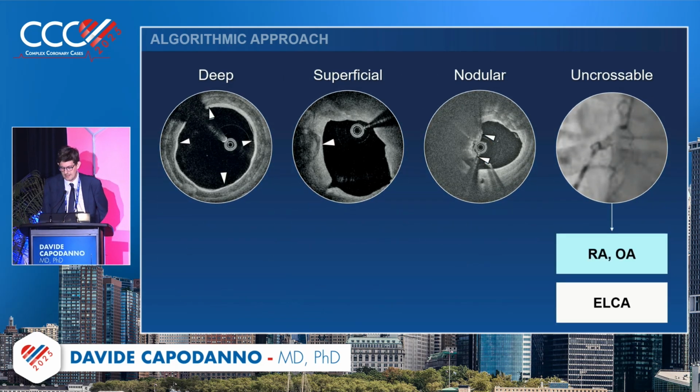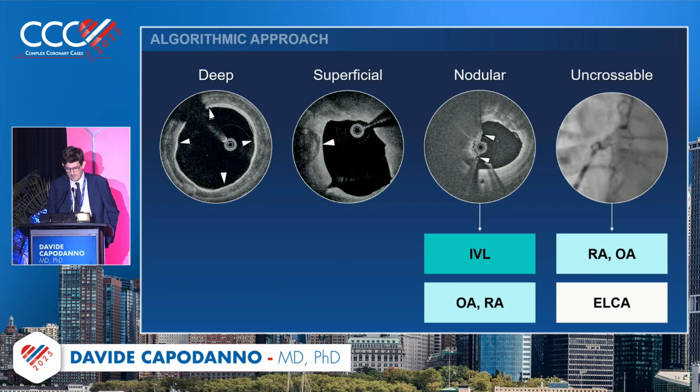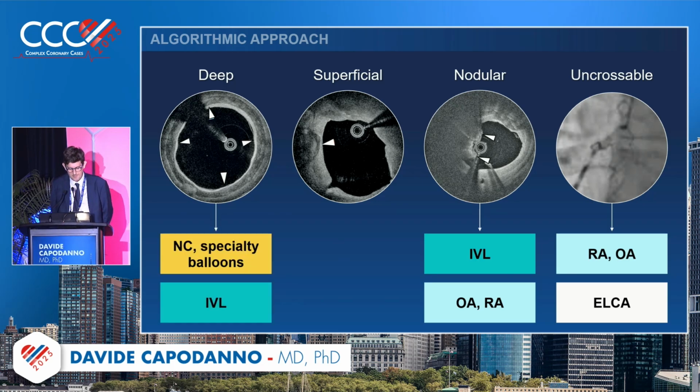If the device doesn't cross, then this is the space for rotational atherectomy or orbital atherectomy, in this order, followed, if you have it, by ELCA. If there is nodular calcium, then IVL is the way to go, followed by orbital atherectomy in preference to rotational atherectomy. In case of deep calcium, this is a good space to start with non-compliant or specialty balloons, followed by intravascular lithotripsy.